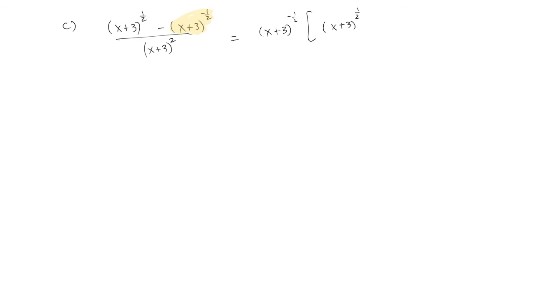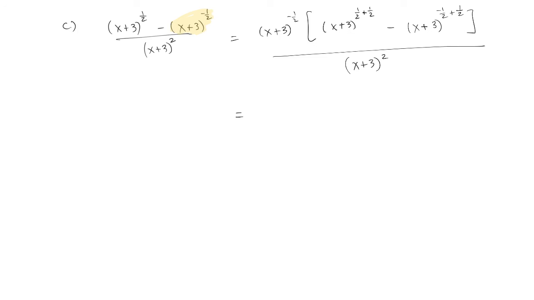I'm factoring it out, so that's really dividing by that x plus 3 to the negative 1/2. So when you divide, you subtract a negative exponent, so we get to add that exponent. Okay, now we had x plus 3 to the negative 1/2 plus 1/2. All I'm doing is factoring out that negative exponent in the top. I'm not going to mess with my denominator yet.